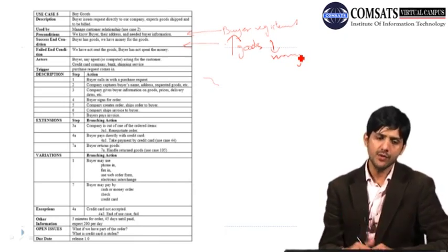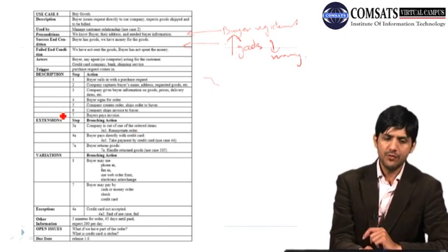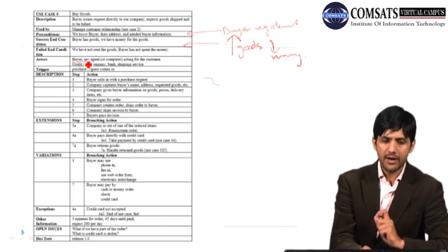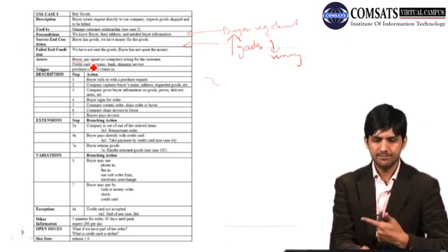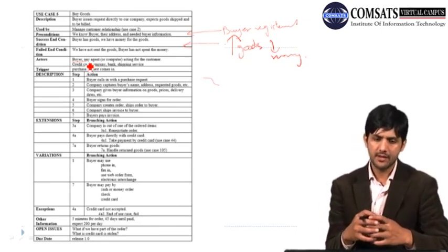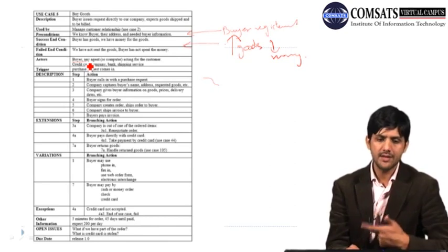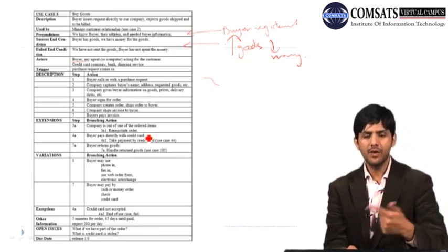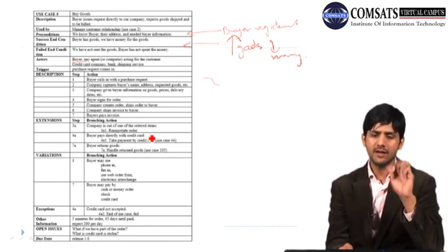Then who are the actors involved in this particular use case? We have a buyer. We can have an agent, or any computing facility which is acting for the customer. We have a credit card company, we have a bank, we have a shipping service. So there are 5 actors involved here.